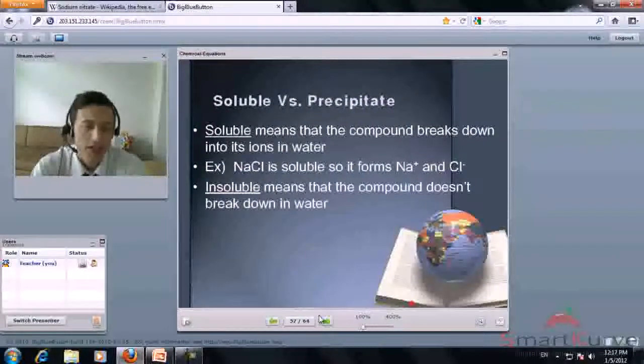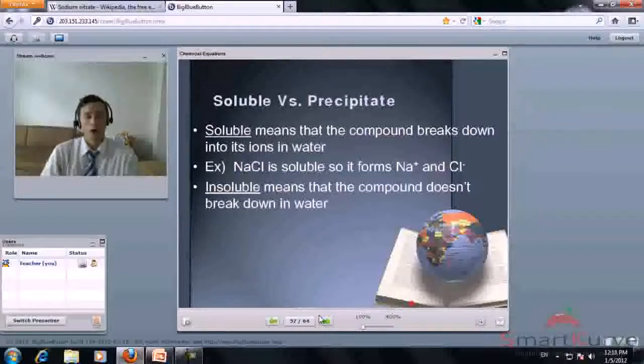Soluble versus precipitate. Soluble means the compound breaks down into its ions in water. That's like salt. Sodium chloride will break down into positive sodium ions and negative chlorine ions. Sodium chloride is water soluble.